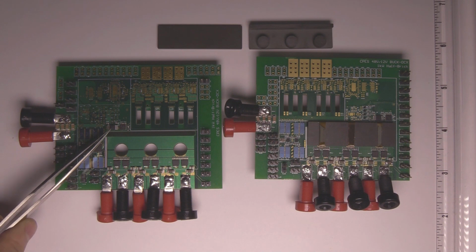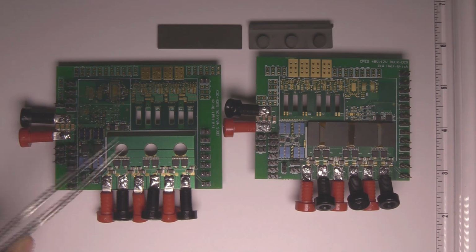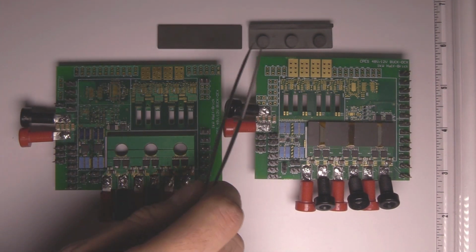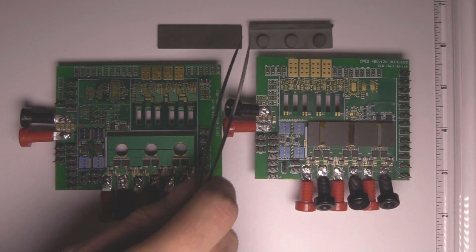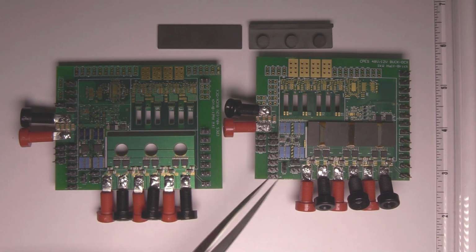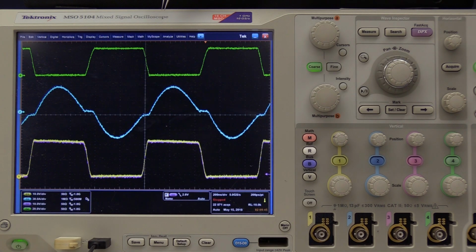And here we have the isolators and the SR drivers. And these are the cores we use. So we integrated the 3 transformers, and then we put the cores on the board, and we have this finished board.